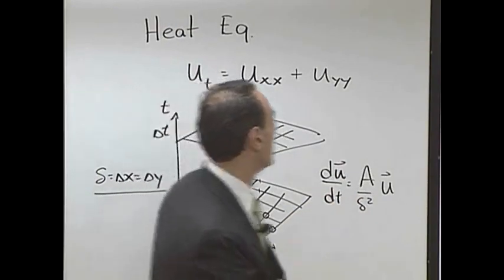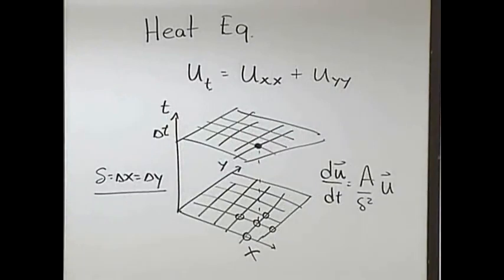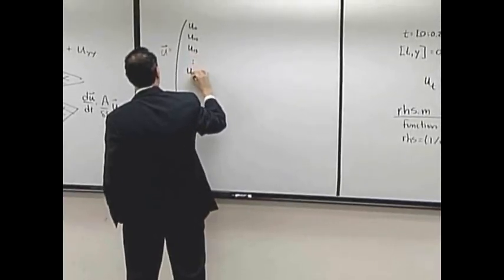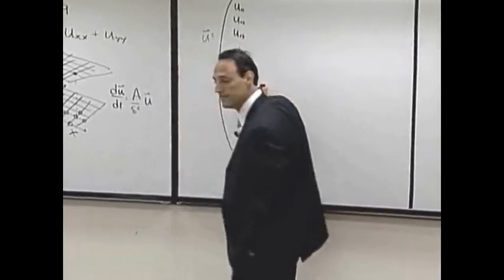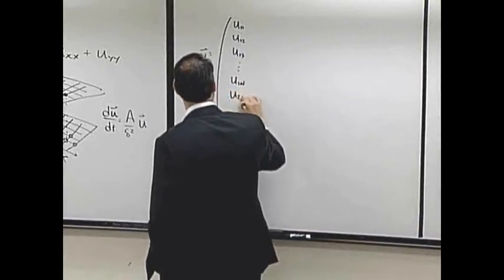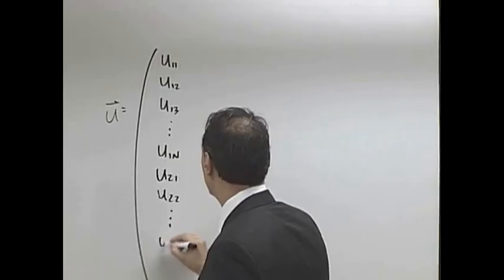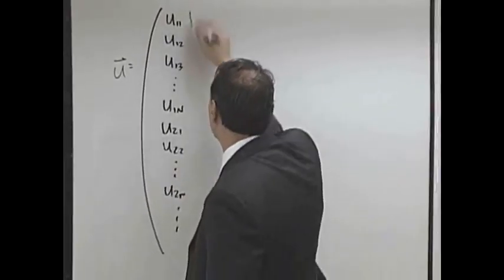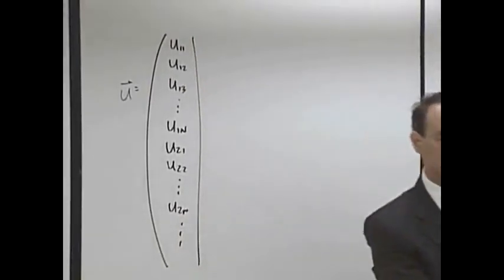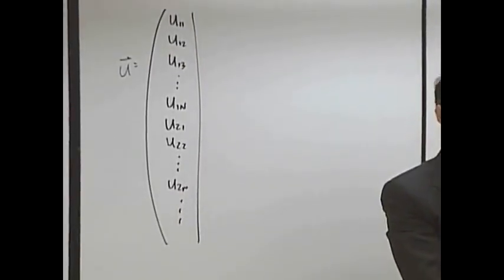I want to arrange my data because that's going to be critical for this problem. And if you remember, the way we arranged the data was that the vector u that we're solving for here is the following. u11, u12, u13, all the way to u1n, and then u21, u22, u2n. Remember, we just stacked it all up into a giant vector.